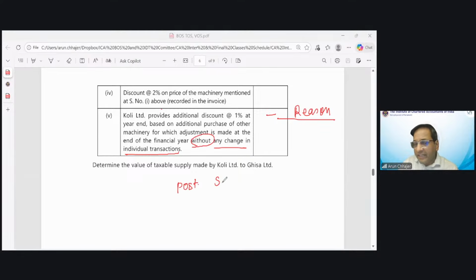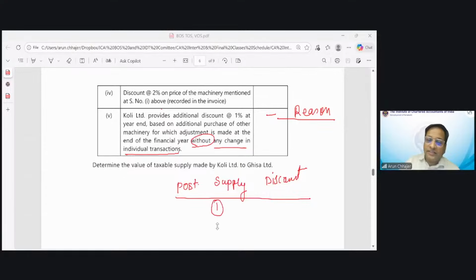I can say at least that, it is a post supply discount. Correct. Now for a post supply discount, there have to be 3 points. It should be linked to the relevant invoices. And there has to be an agreement on or before the supply. And third is ITC reversal by the recipient.